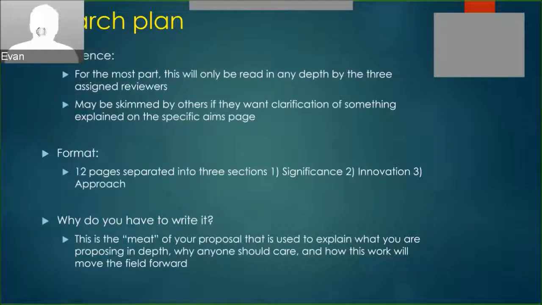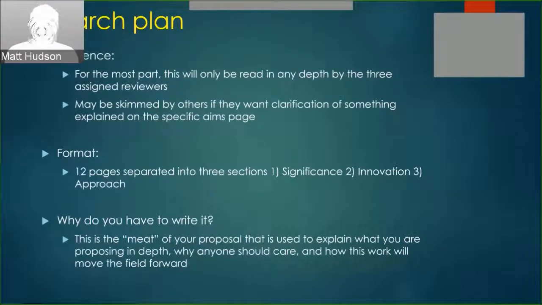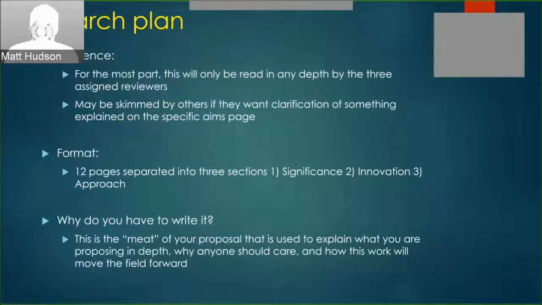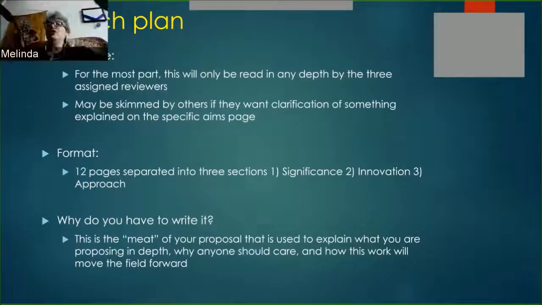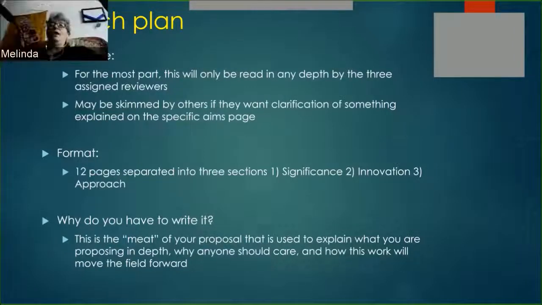I'll explain, it might be what you're calling preliminary data, but let me go through the different pieces from the research plan point of view, and I'll talk about how personally I handle preliminary data. But there is not a section of an NIH grant called preliminary data, even though there used to be, back in the 90s into the 2000s.